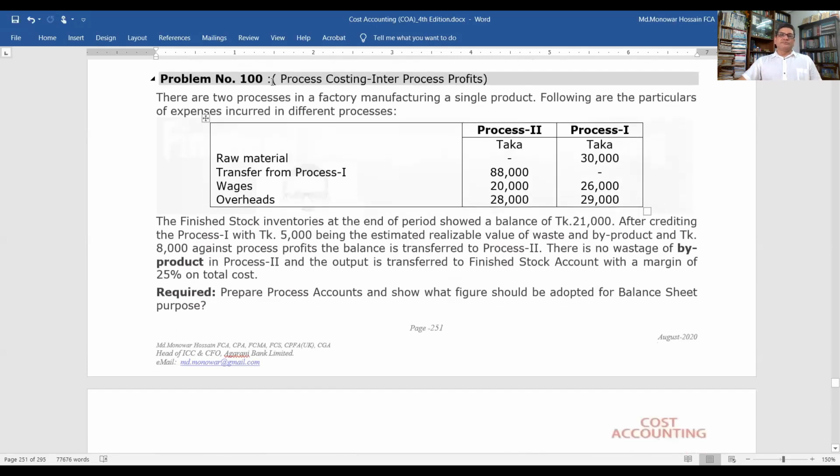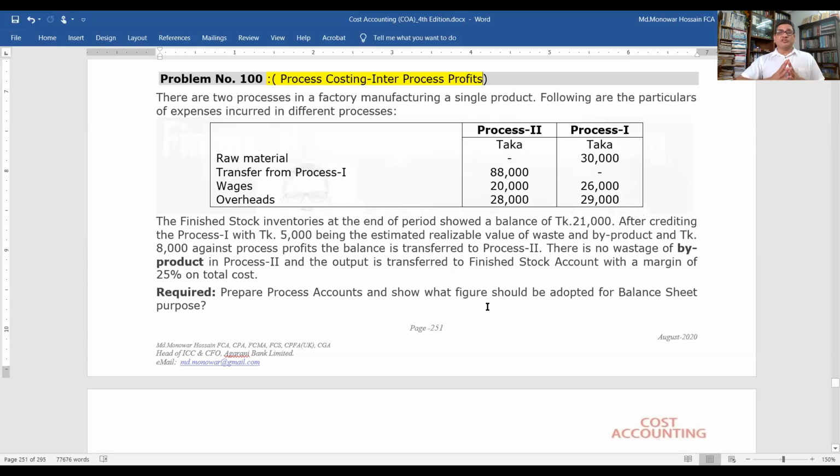Another problem: there are two processes in a factory manufacturing a single product. Following are the particulars of expenses incurred in the different processes. Raw material for process 1 is 30,000, transfer from process 1 to process 2 88,000, wages for process 1 26,000, wages for process 2 20,000, overhead for process 1 29,000 and process 2 28,000.